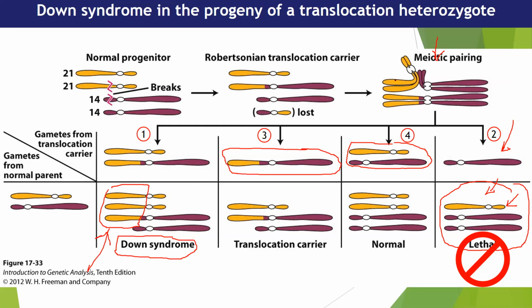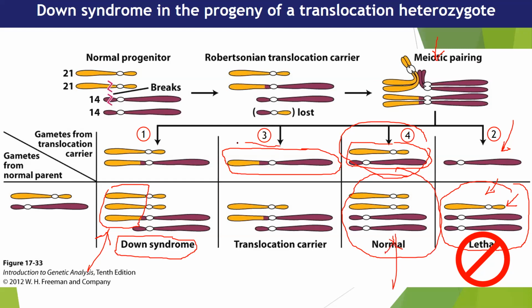Okay, now let's look at the second possibility for this carrier parent. It can produce gametes like 3 and 4. So if these 2 gametes come together with the normal, what's the result? The normal gamete 4 will produce the standard normal individual, right? So this is totally normal.